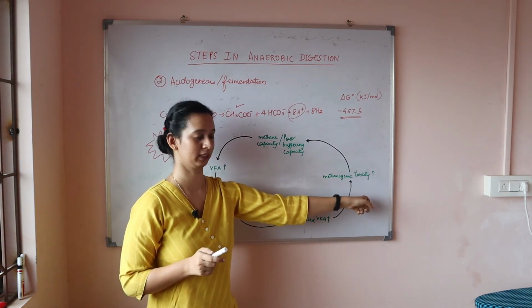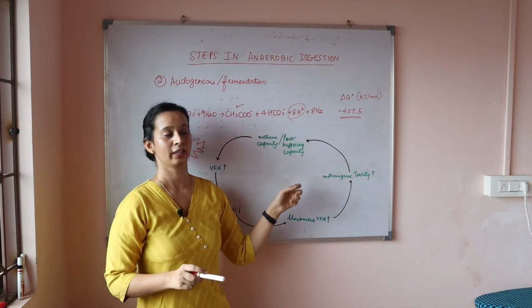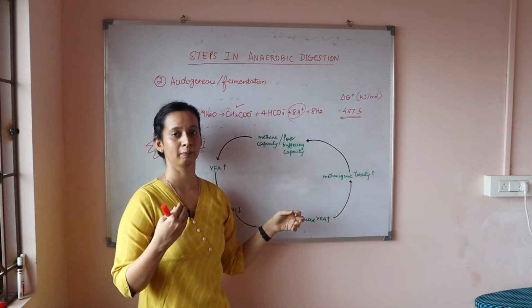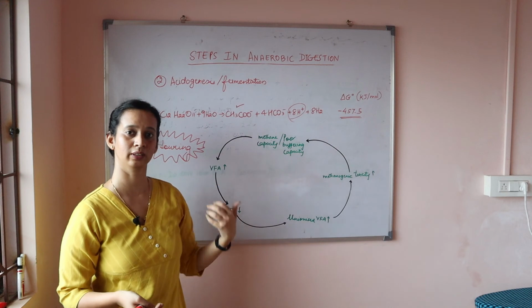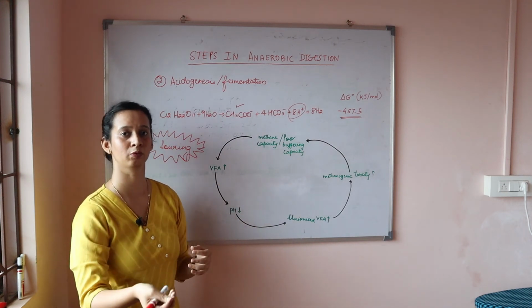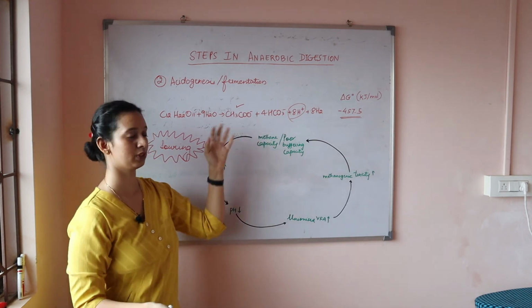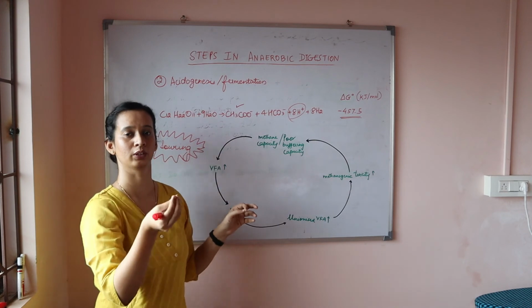Once methanogens get affected, methane will not be produced. If methane is not getting produced, that means the hydrogen which was earlier there is not getting scavenged or removed properly, because this hydrogen would in future be utilized for the production of methane.